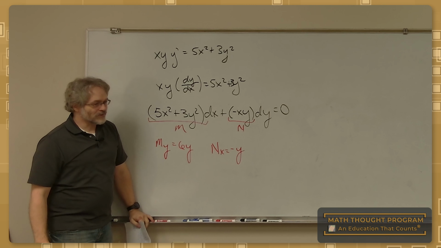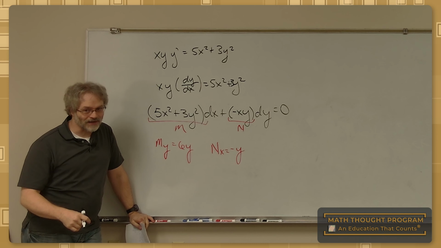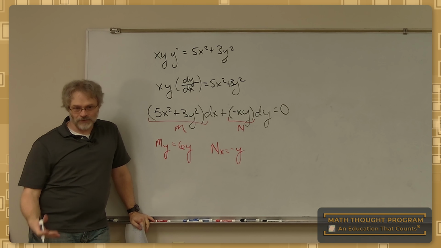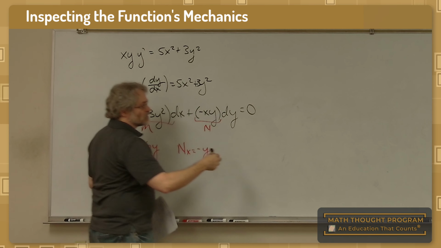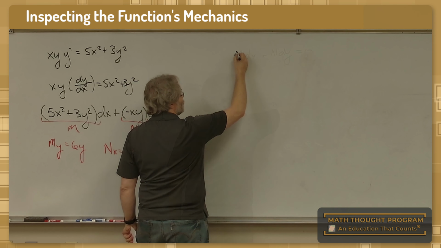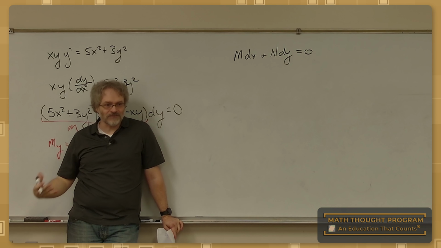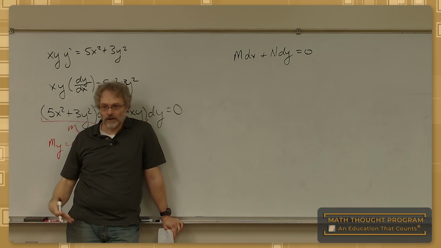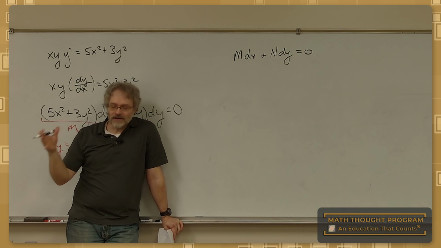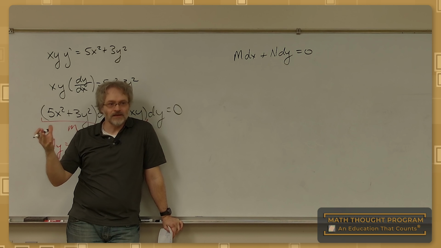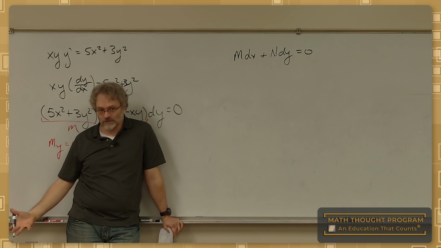So the question then becomes, it's not exact, but can I do something to it so that it does become an exact differential equation so I can actually solve it? If I looked at the structure in a little bit more detail, what I want is to get a nice function that's going to make this work the way I want. Very similar to how we found a nice function so we can solve those first order differential equations by using that integrating factor.